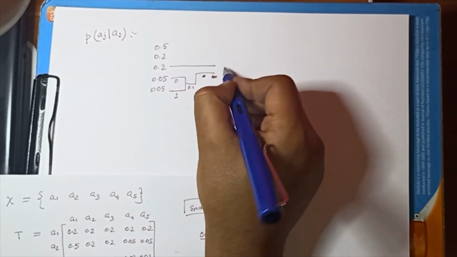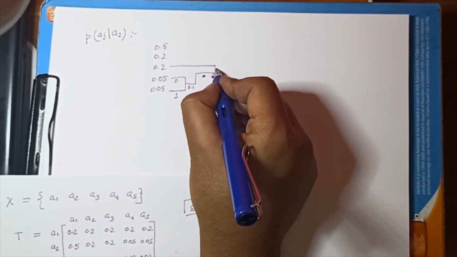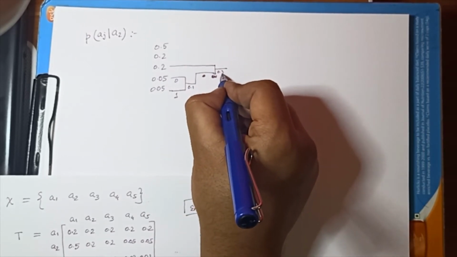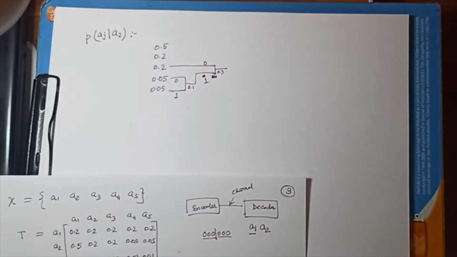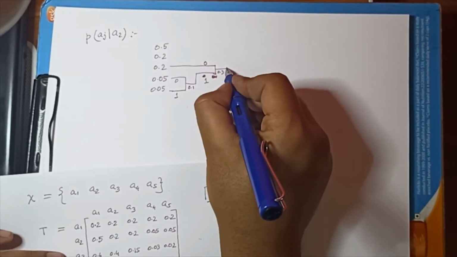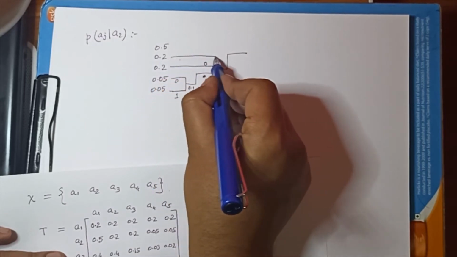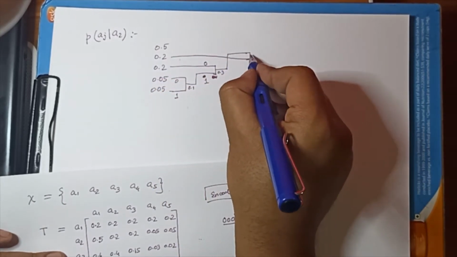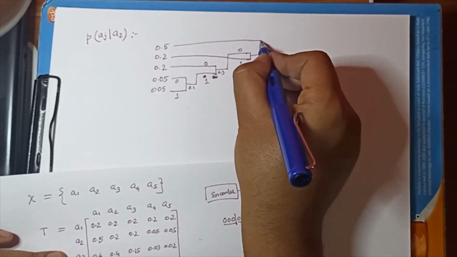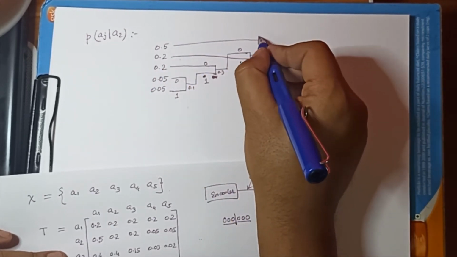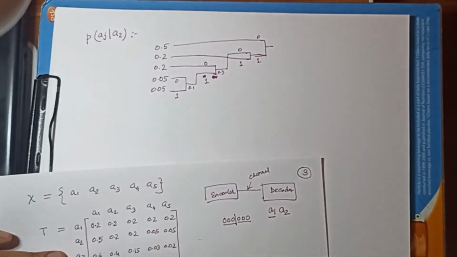0.1 I am writing here. So these two will combine next. So this combination is 0.3, and here I am putting 1 as code here, 0 as code here. This 0.3 will go up, 0.2 will go down. So these two will combine next. This is 1, this is 0, and these are 0.5, 0.5. So 0.5, 0.5 will combine next, 0 and 1. This is the total probability.